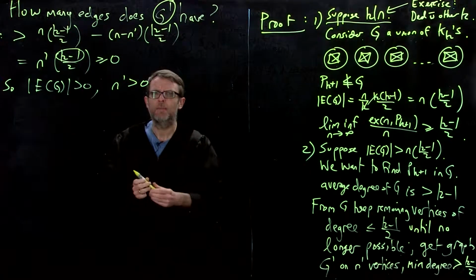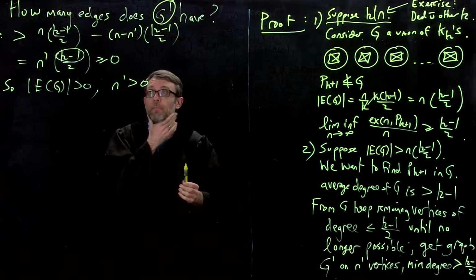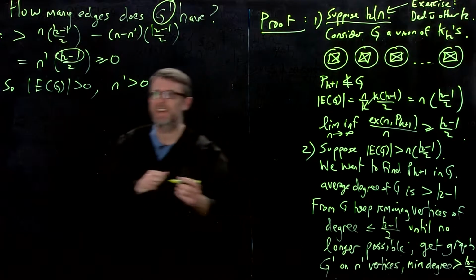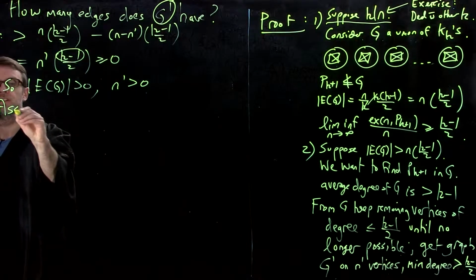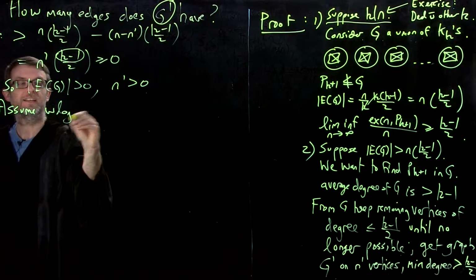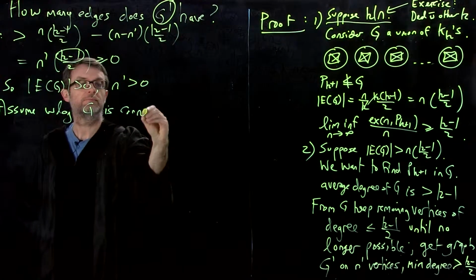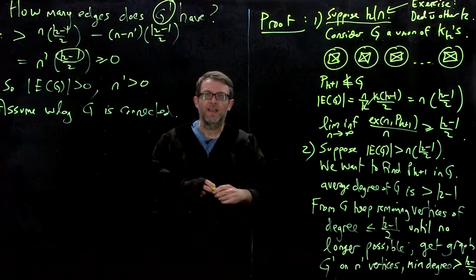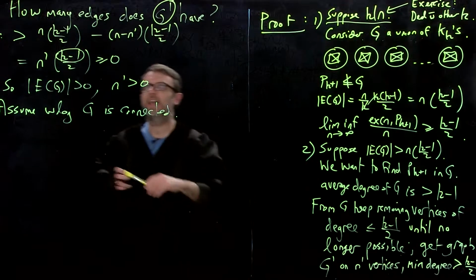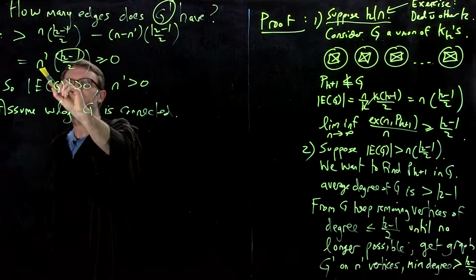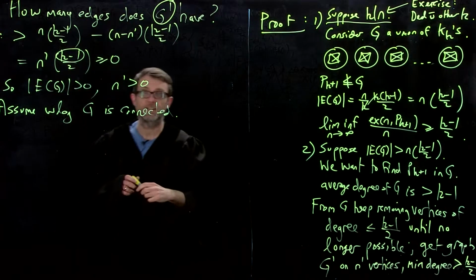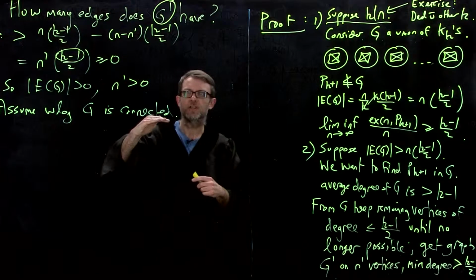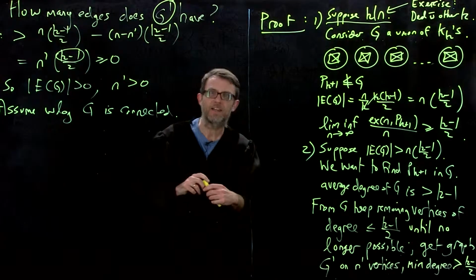So this graph G prime, not only does it have high average degree and high minimum degree, but we can actually also assume that it's connected. So I'm going to assume, without loss of generality, that G is connected. And why is that a valid assumption? Well, what I am saying in this condition, that the number of edges is the number of vertices times k minus 1 over 2, I'm saying that the ratio of number of edges to number of vertices is at least k minus 1 over 2.